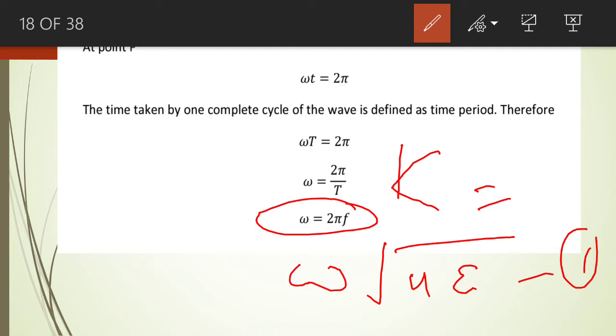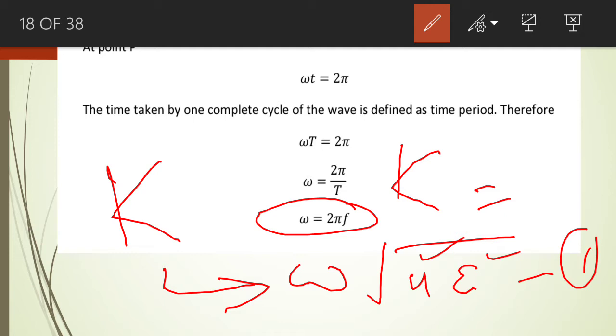So if omega is known, the permeability of the medium is known, and the permittivity of the medium is known, we can calculate the propagation constant or the phase constant with the help of this equation. So this is one way to find out the propagation constant of the electromagnetic wave in any medium.